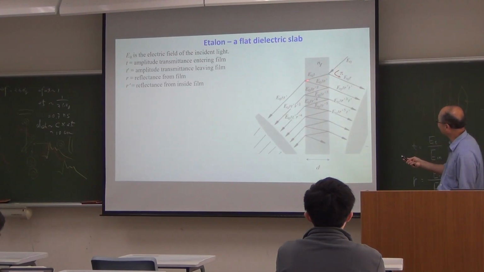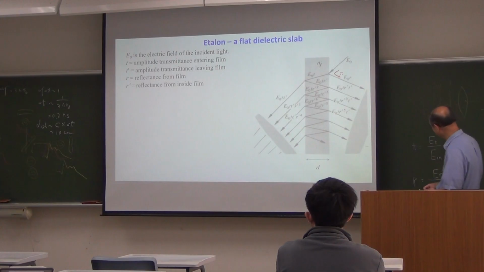When you have the transmission from this material to outside, we label it with t prime. So t is the amplitude transmittance entering the film. t prime is the amplitude transmittance leaving the film.